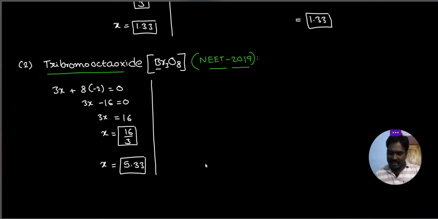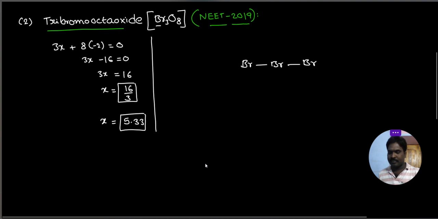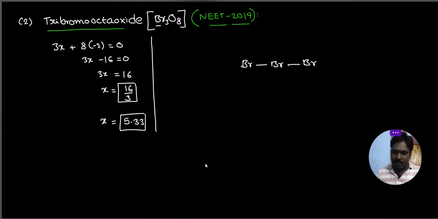Now, based on structure, we can write 3 bromine atoms. Now 8 oxygen atoms.